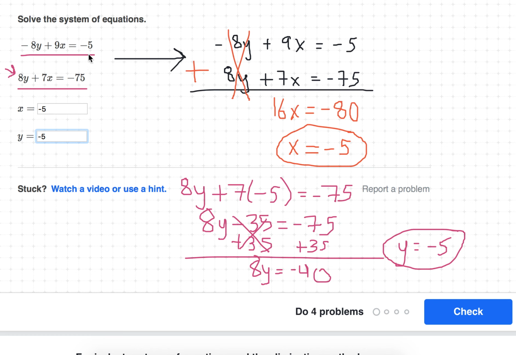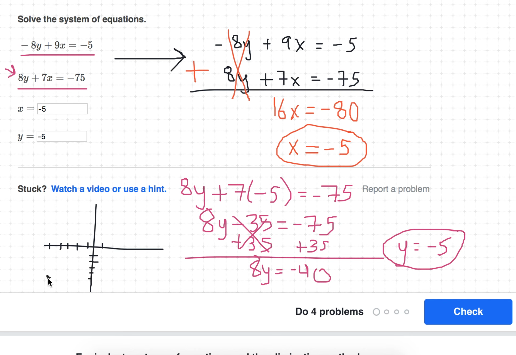And if we plug negative 5 and negative 5 into this top equation, we would see that it works as well. And if we happen to graph these two equations on the coordinate plane, they would both be straight lines, and they would meet at negative 5, negative 5.